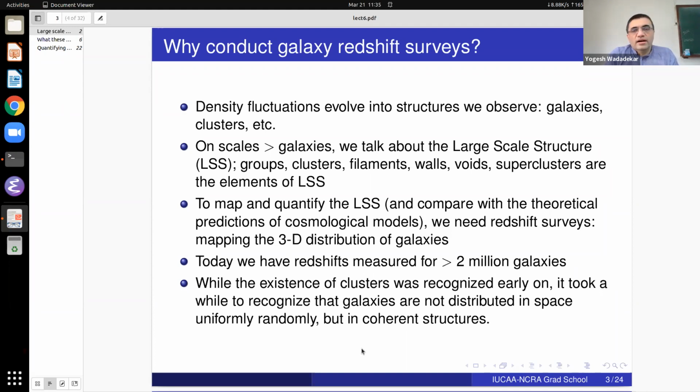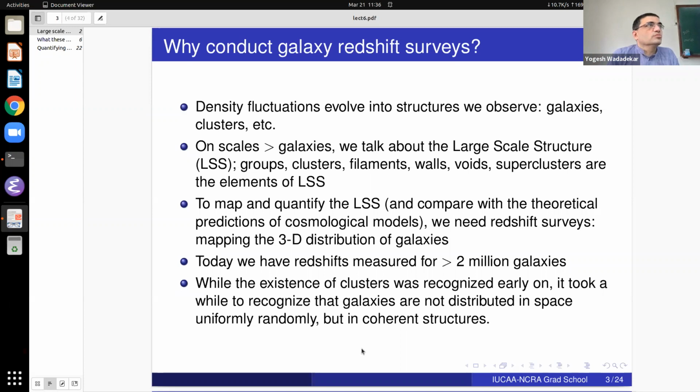Okay, the thought may suddenly come to mind: why are we talking about galaxies, clusters, etc.? Because we have studied in cosmology that the universe is homogeneous, isotropic, etc. But remember, it's homogeneous and isotropic only on very large scales, hundreds of megaparsec to gigaparsec scales.